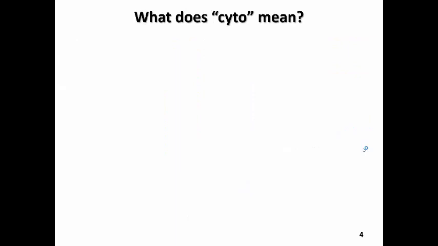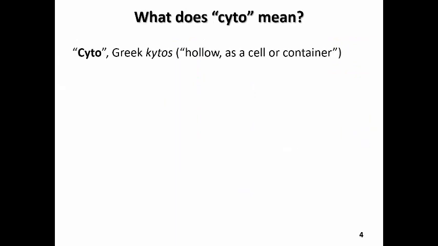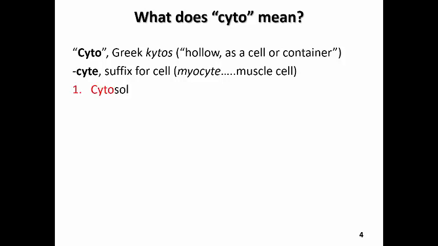The terms cyto and cyte make reference to cells. Cyto is a prefix that indicates cell, as well as the suffix cyte, such as myocyte, which refers to a muscle cell. Some examples that this unit will speak to periodically include the cytosol, which refers to the aqueous medium inside a cell and outside of the nucleus.